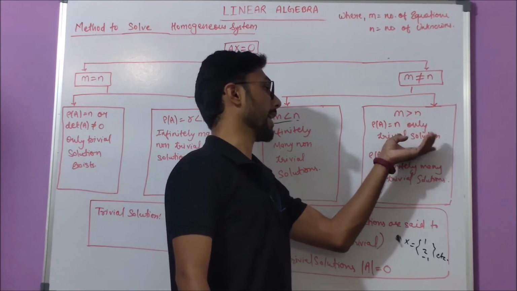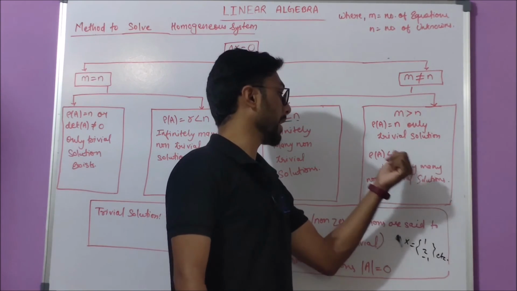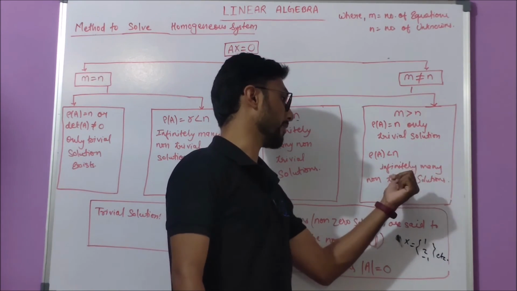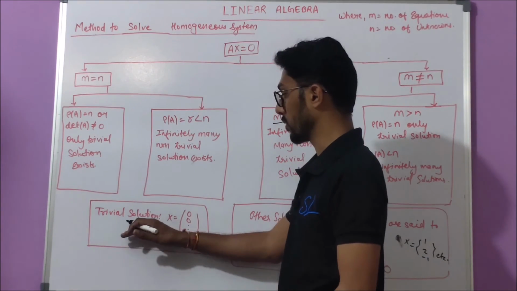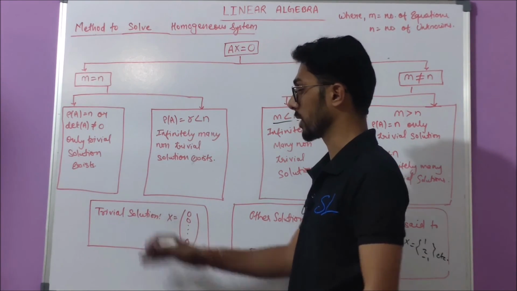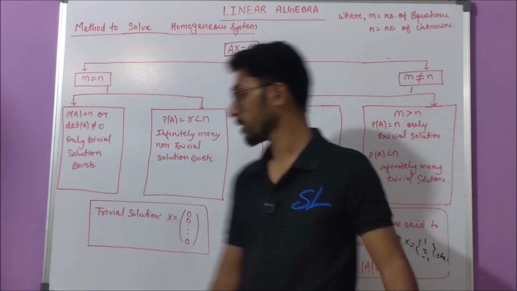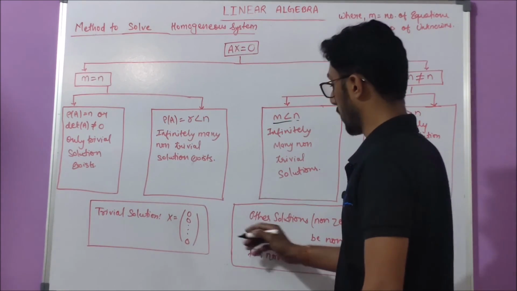If m is greater than n and rank of A is equal to n, then only the trivial solution. If rank of A is less than n, then infinitely many non-trivial solutions. What is a trivial solution? When the solution is equal to 0, it is called a trivial solution. Solutions other than the trivial solution, or non-zero solutions, are called non-trivial solutions. That's it for the method to solve homogeneous systems.